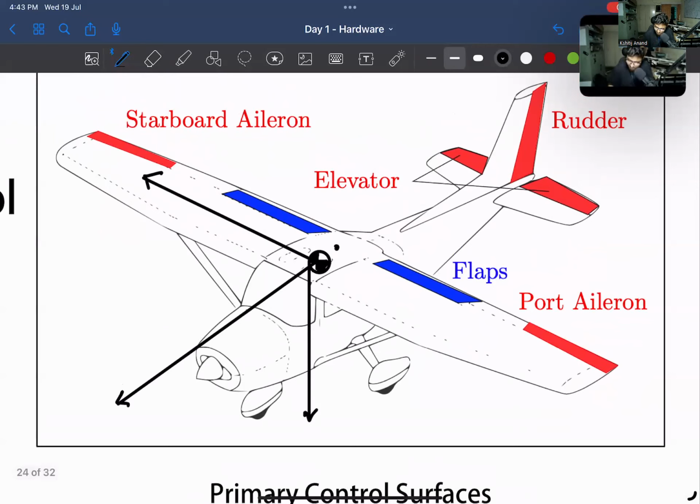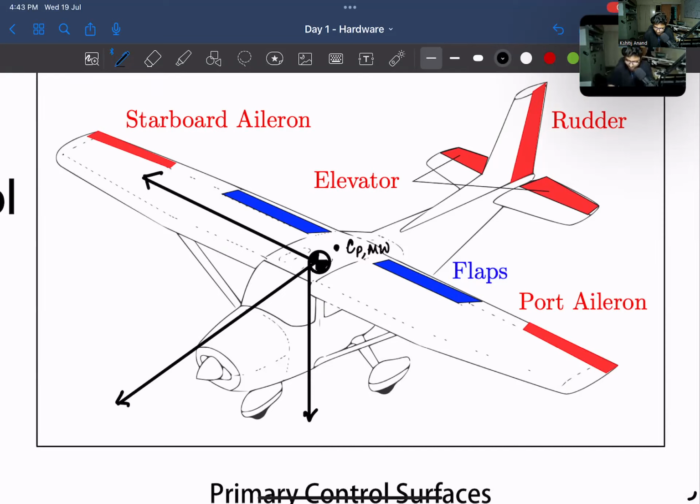The CP of the wings, not the CP of the aircraft, the CP of the main wing, should somewhere be here. Okay. Is it clear to everybody? If anyone has any doubt in this diagram, please let me know right now. Okay, no doubt. Fine, great.